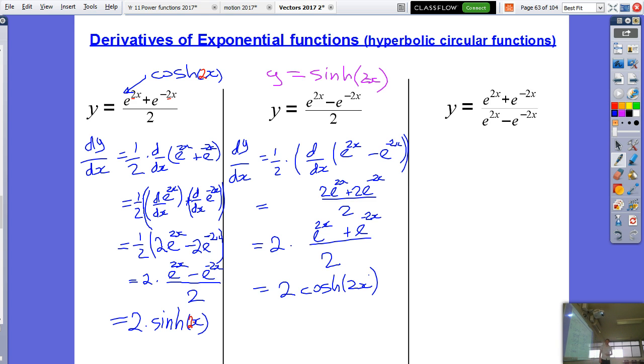Okay. Now, let's try this. What kind of technique should we use to differentiate this one? Quotient rule, very good, because overall we've got a function divided by another function. So this is, by definition, a tanh function.